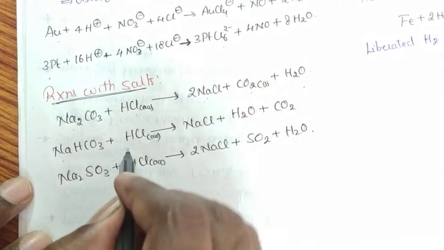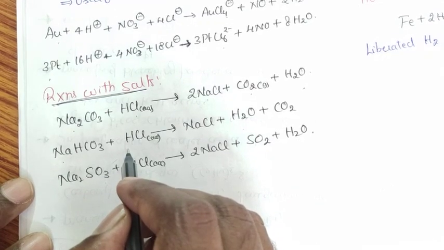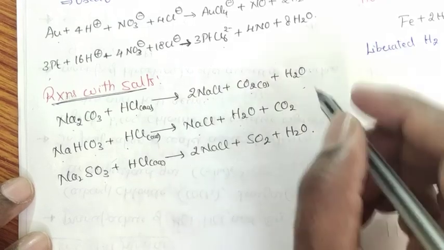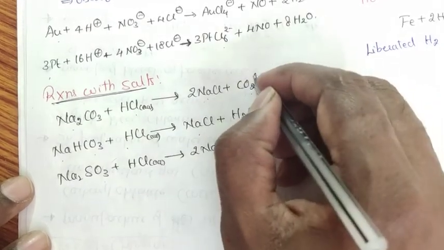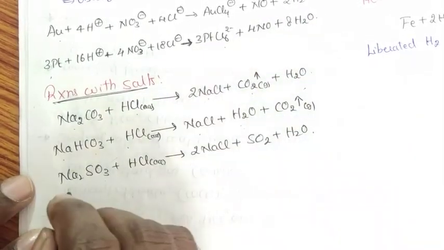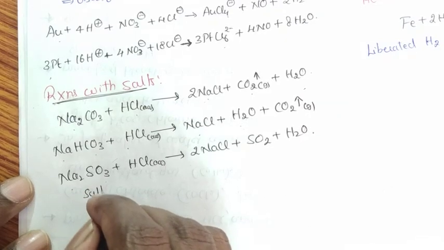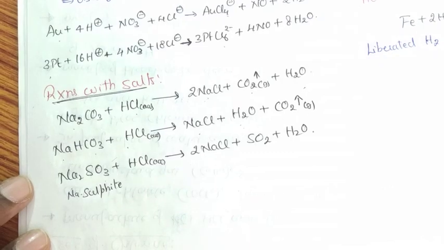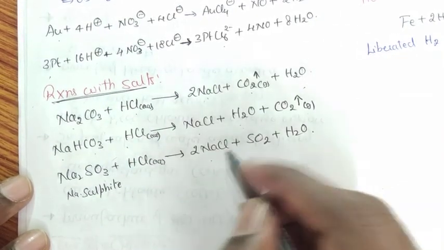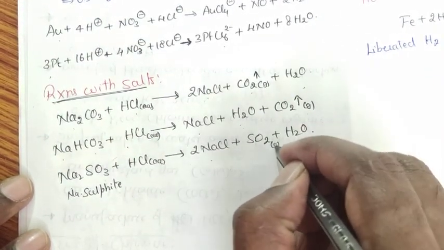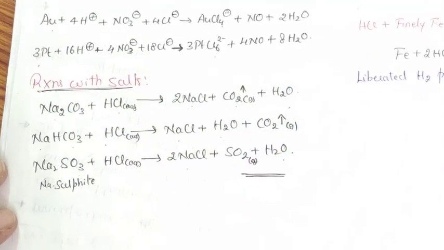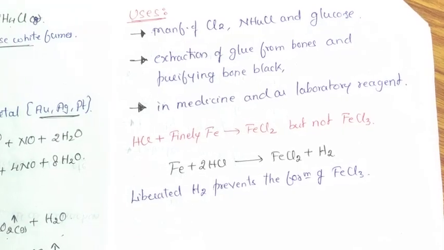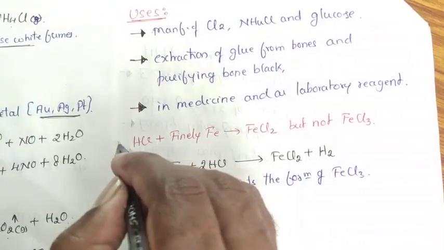Sodium bicarbonate treated with dilute hydrochloric acid decomposes to form NaCl, water and carbon dioxide gas. When sodium sulfite is treated with dilute hydrochloric acid, it forms sodium chloride with the liberation of sulfur dioxide gas and water. So these are the uses of hydrogen chloride.